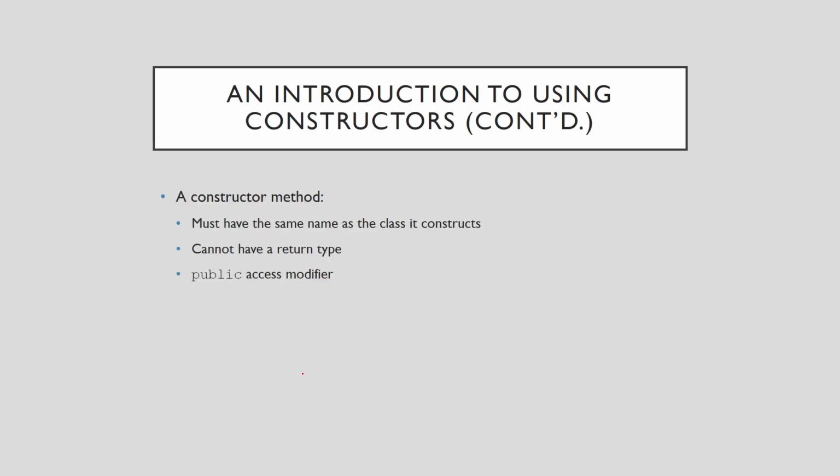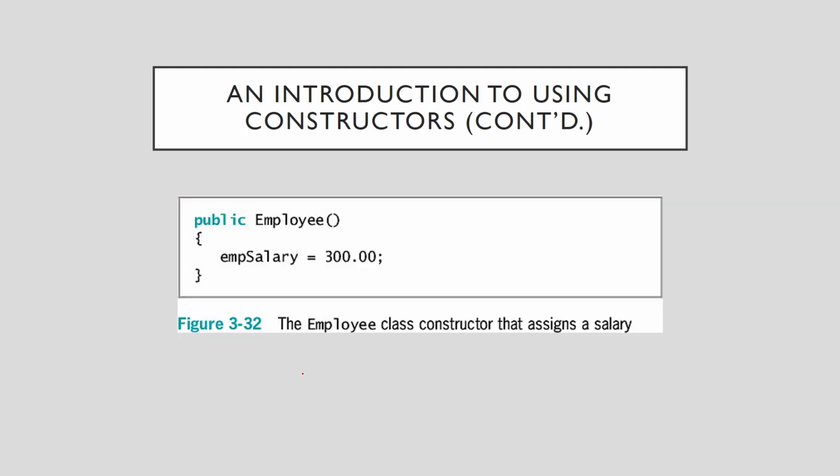For the constructor method, the public access modifier will be used since the client class will be used to declare an object for that one. Just like this one, this is a constructor method for the class employee.